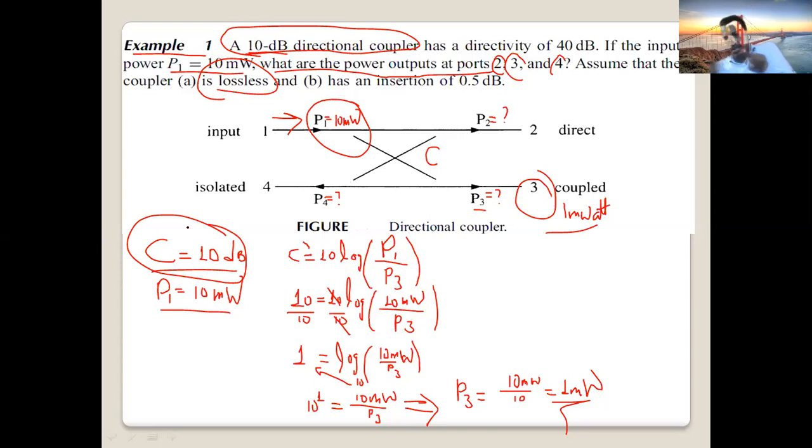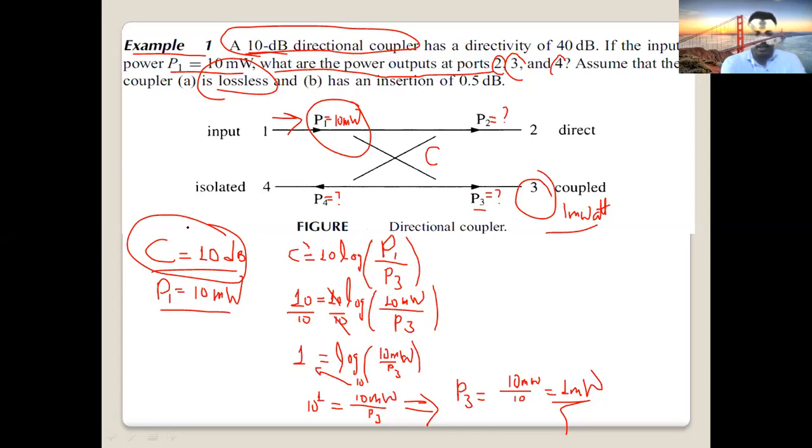How much power is sampled or transferred from our main line to the coupled line is determined by the value of C. So when you use a coupler, the first thing you have to check is how much C is. It can be 10 dB, it can be 20 dB. So C is very important.